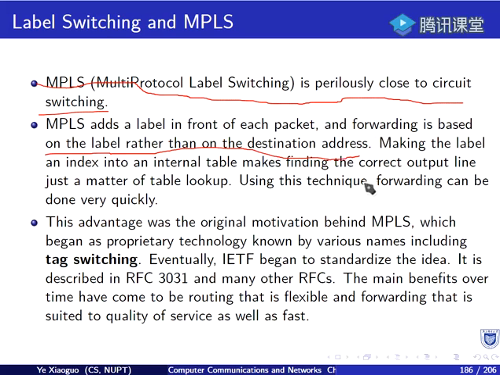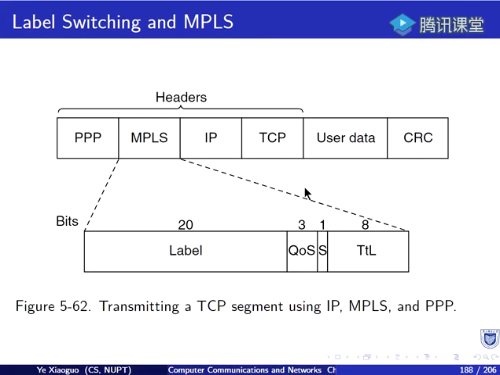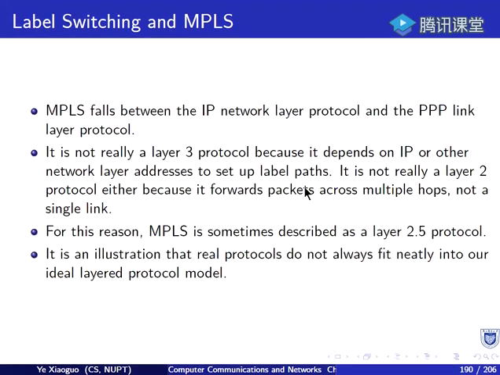This makes finding the correct output line just a matter of table lookup. Using this technique, forwarding can be done very quickly, so there is improved performance with MPLS. We will not discuss this in detail.